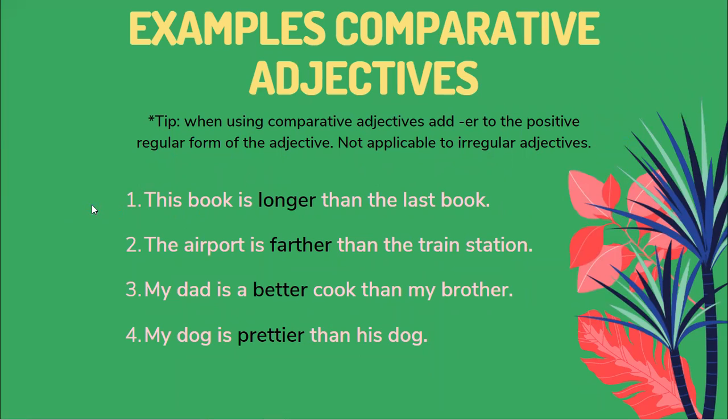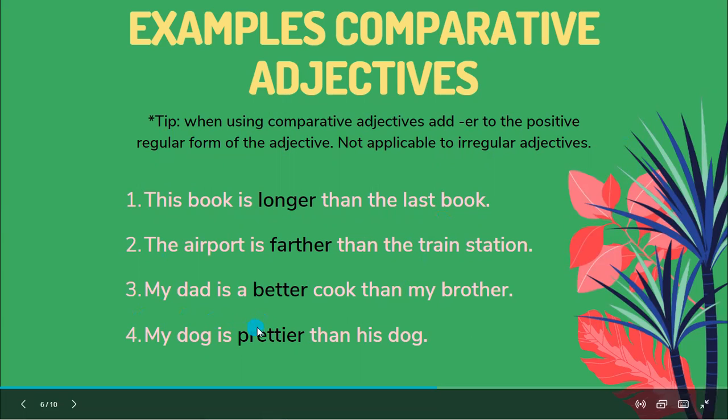It is comparing two books. The airport is farther than the train station. El aeropuerto está más lejos que la estación de tren. My dad is a better cook than my brother. Mi papá es un mejor cocinero que mi hermano. My dog is prettier than his dog. Mi perro es más bonito que su perro.